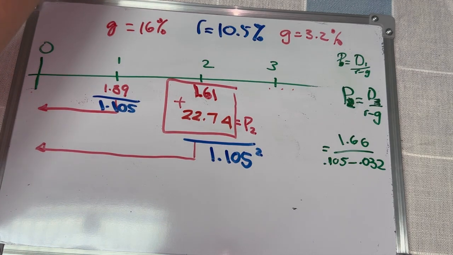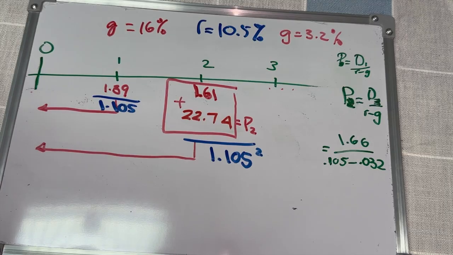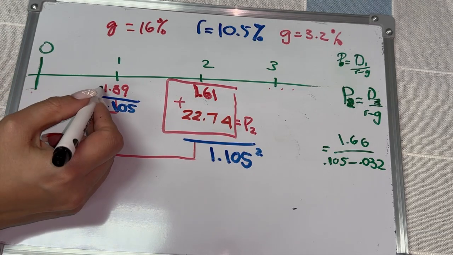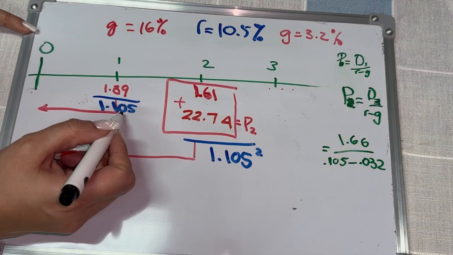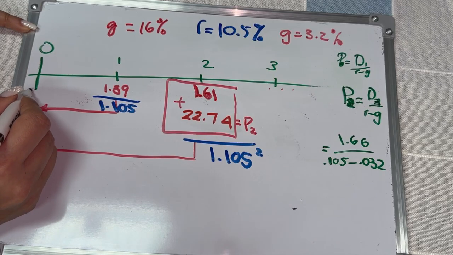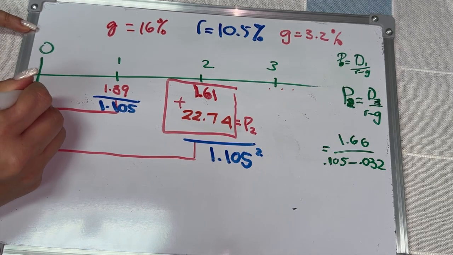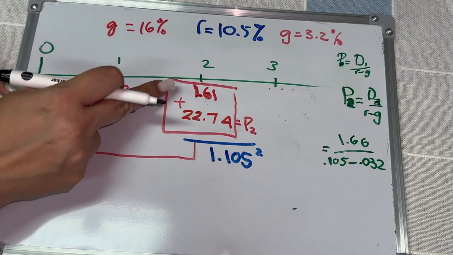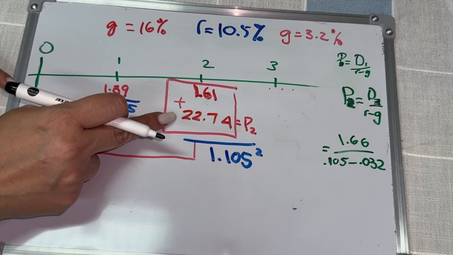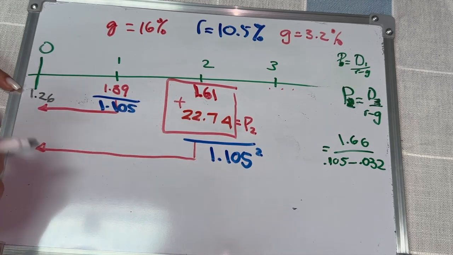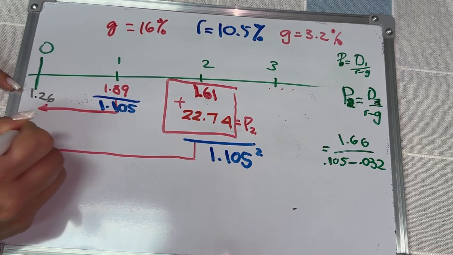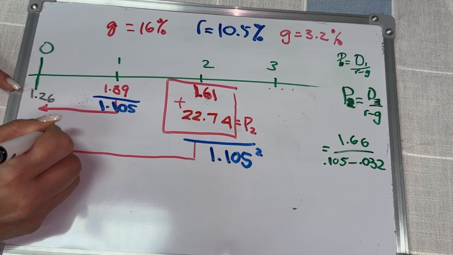So when I do this calculation, 1.39 divided by 1.105, the discounted value is 1.26. The second term discounted gives 19.94.